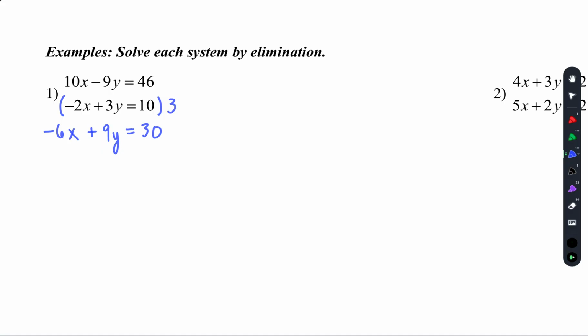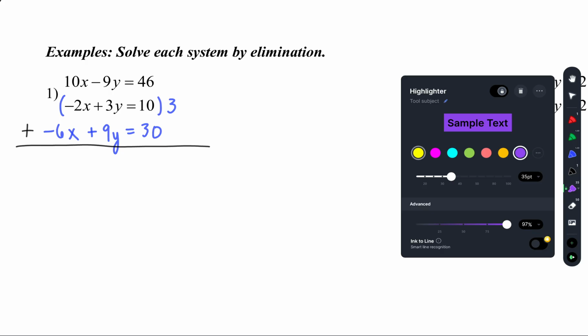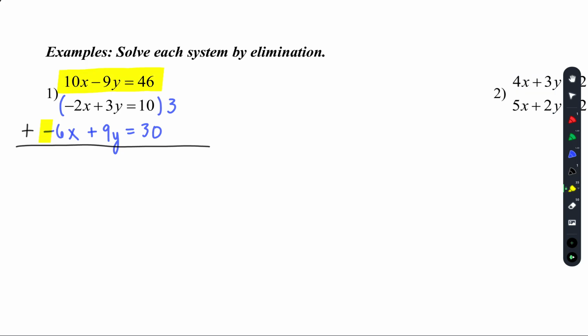So then you're going to add this equation and this equation together. I just messed around with one of them, so it was forced into what I want. So I multiplied everything by 3.